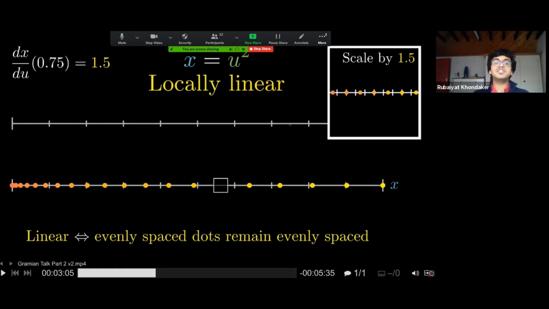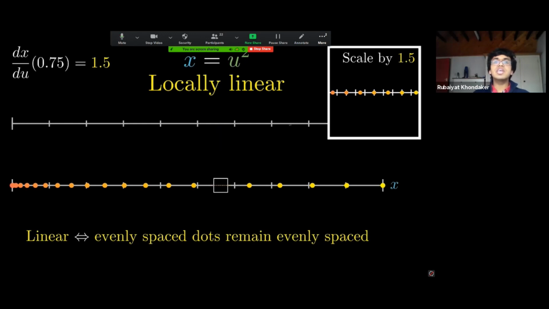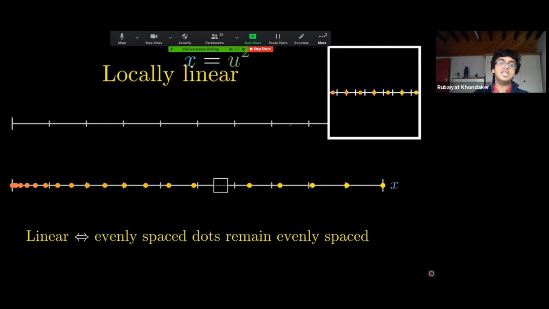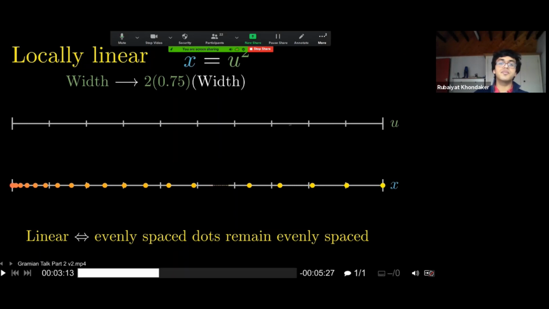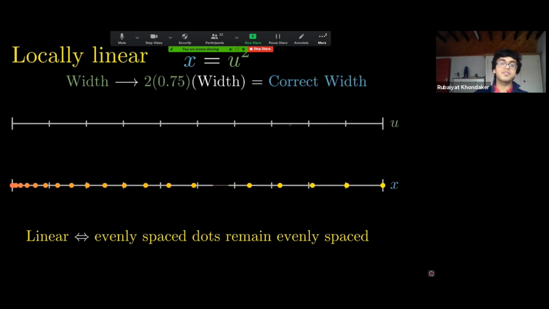And so even if it's not linear, it has this property of being locally linear, which means that if you zoom in on a particular point, like 0.75, the transformation looks linear. So near a particular point, in that example, a width went to about 2 times 0.75, i.e. 1.5 times the width, which is the correct width.